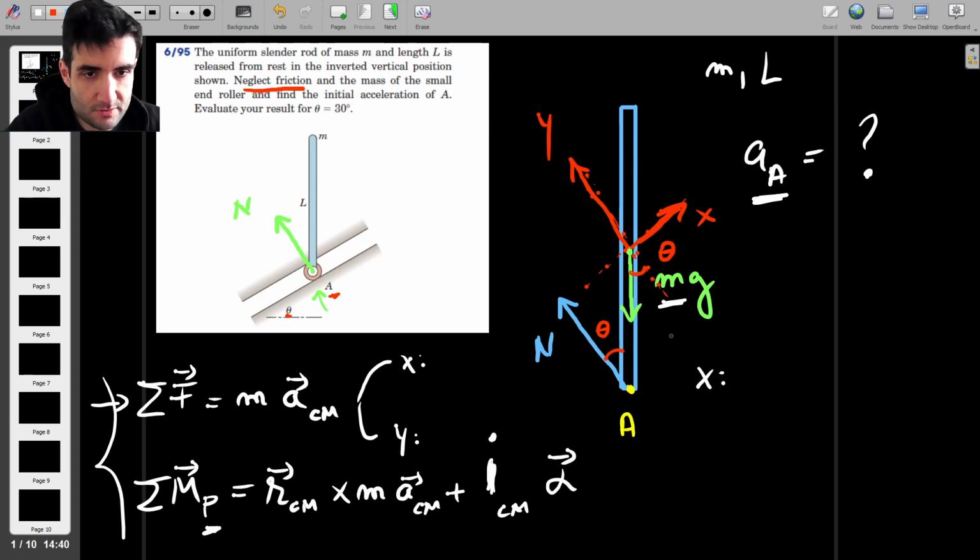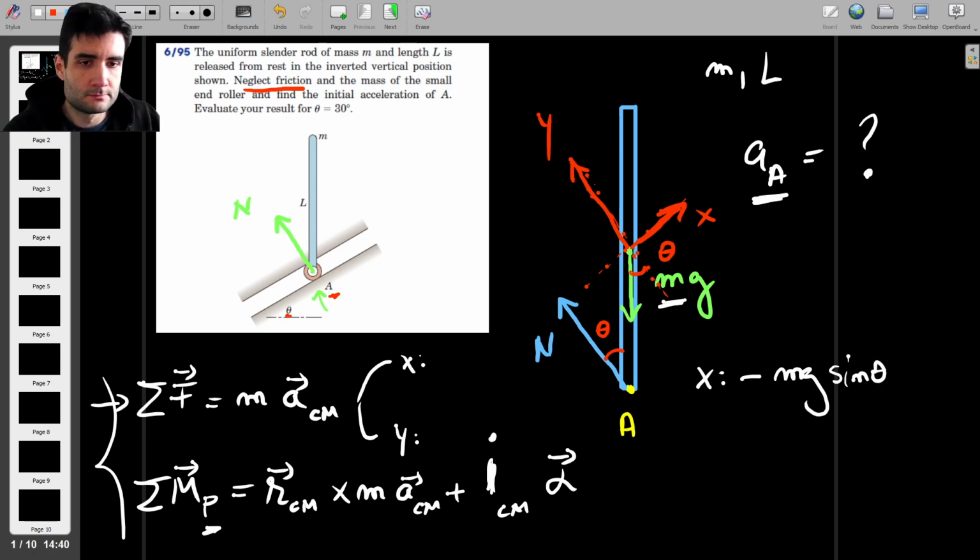So the x component of mg will be minus mg sine theta. Right, so it's minus mg because it's acting in the negative x direction, and then this is going to equal the mass of the rod times the acceleration of the center of mass in the x direction.